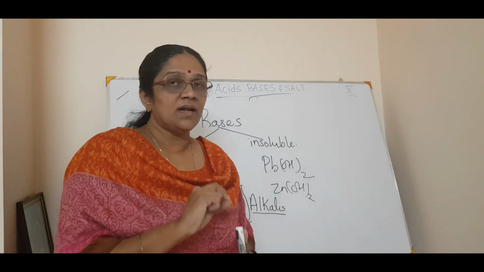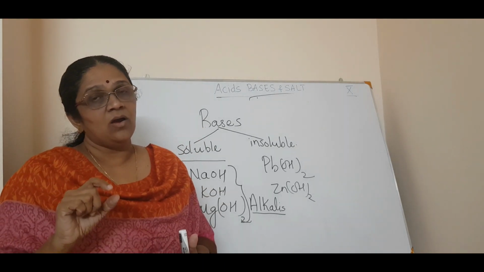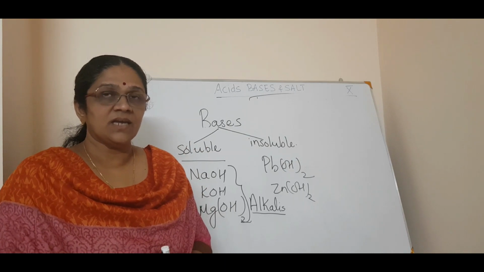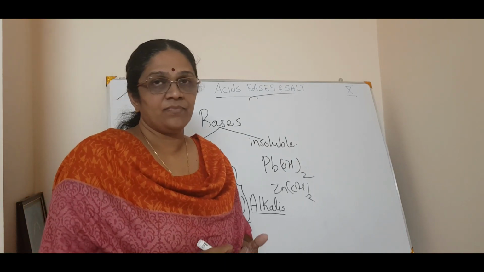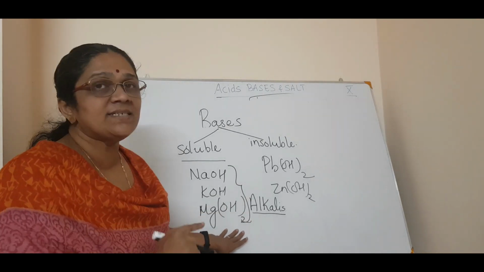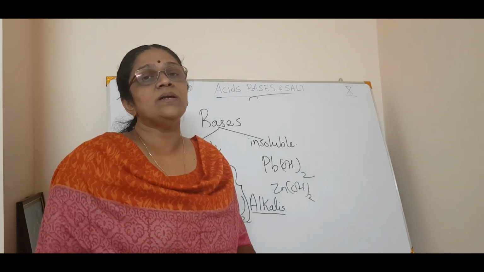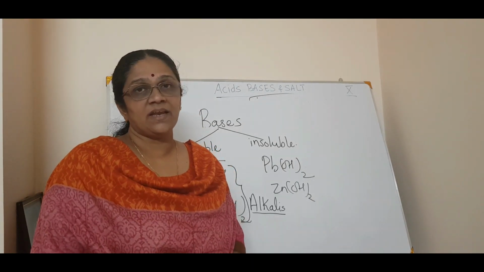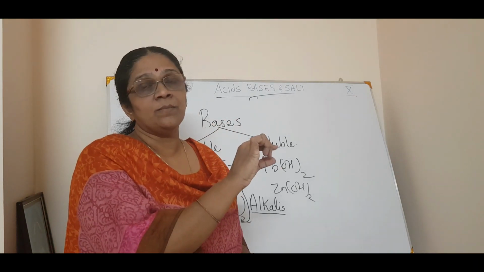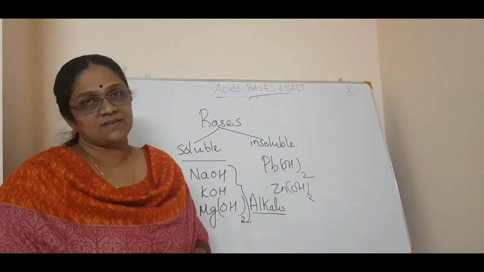That's homework: all alkalis are bases, but not all bases are alkalis. Just comment on that. So what are alkalis? In one word I can say, water soluble bases are called alkalis.